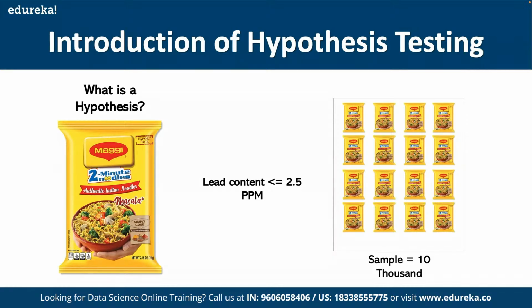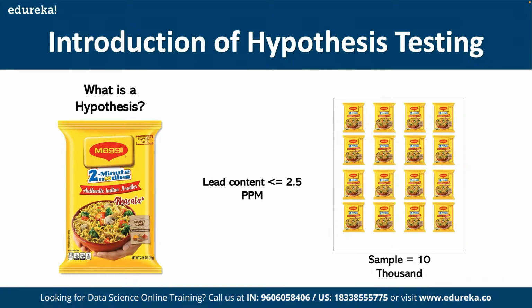Think about testing lakhs and lakhs of products every day, going through each and every product and testing it. Obviously you cannot test each and every Maggi product produced by the Nestle company, because one, you will be using the entire stock in your testing. It will be a loss for the business, and it's not a recommended one. Think about 10 lakh Maggi packets that you have to test. How much time will it take? So obviously we cannot test each and every Maggi product.